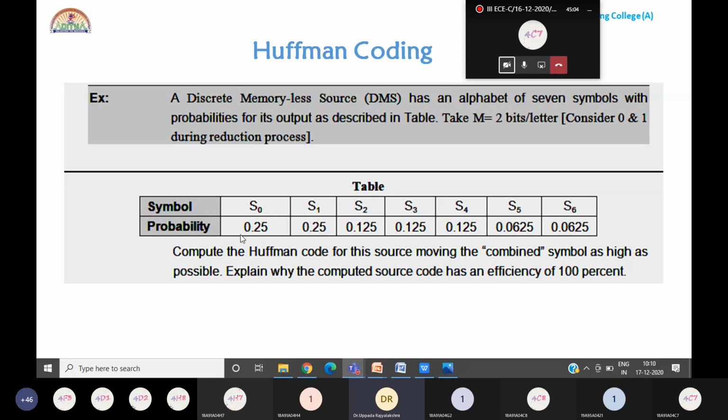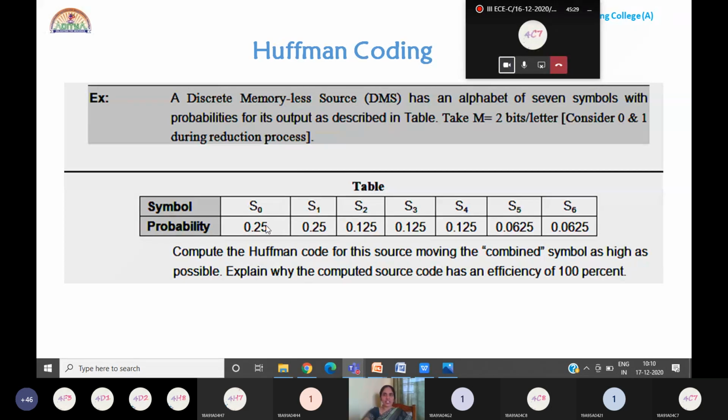Okay. Now please observe the symbols. The symbols are given as S0, S1, S2, S3, S4, S5 and S6. So a total of 7 symbols are there starting from S0 to S6. Next, please observe the probabilities.